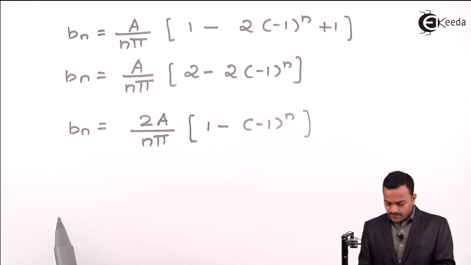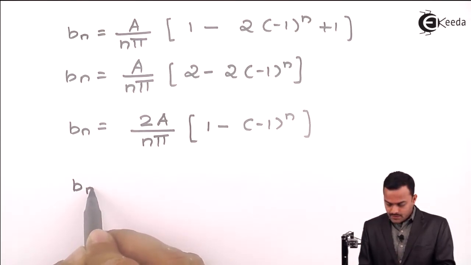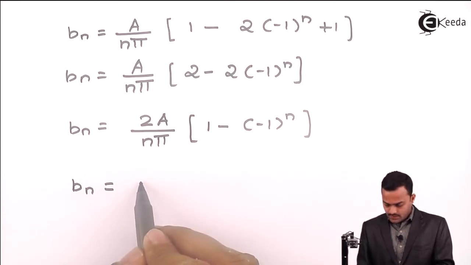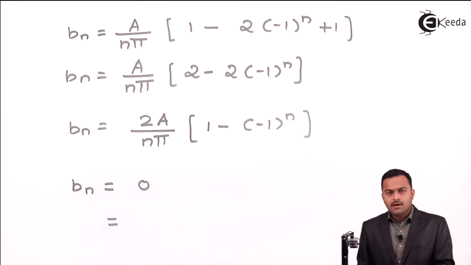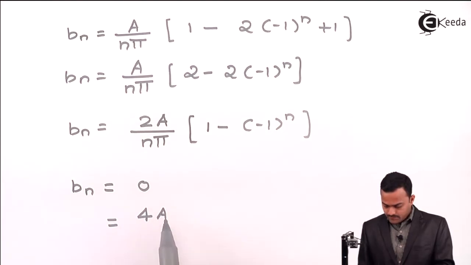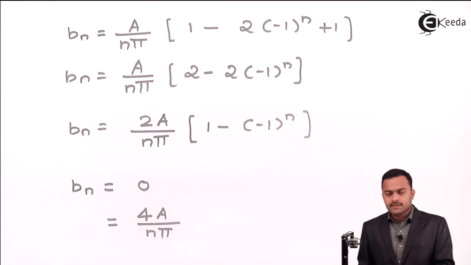So what I can do, I can write Bn as 0 and Bn as 4a upon n pi.